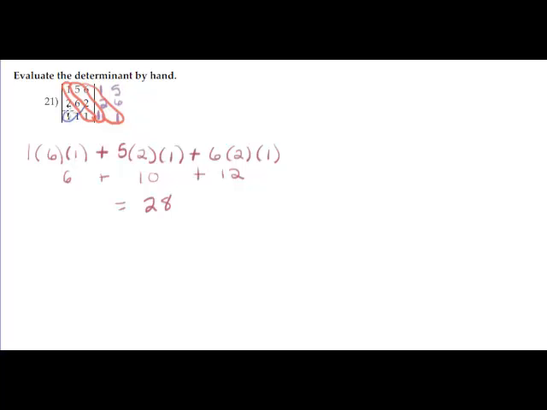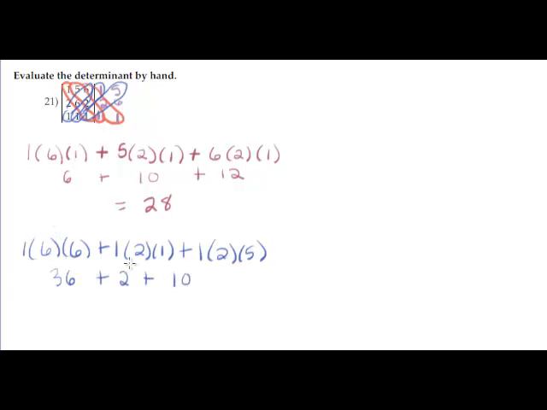Then I look at my diagonals going the other direction. So 1, 6, 6 plus 1, 2, 1 plus 1, 2, 5. So 36 plus 2 plus 10 equals 48.